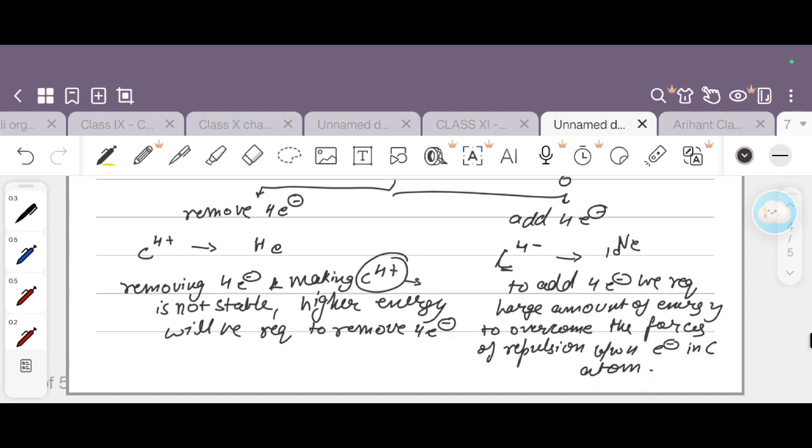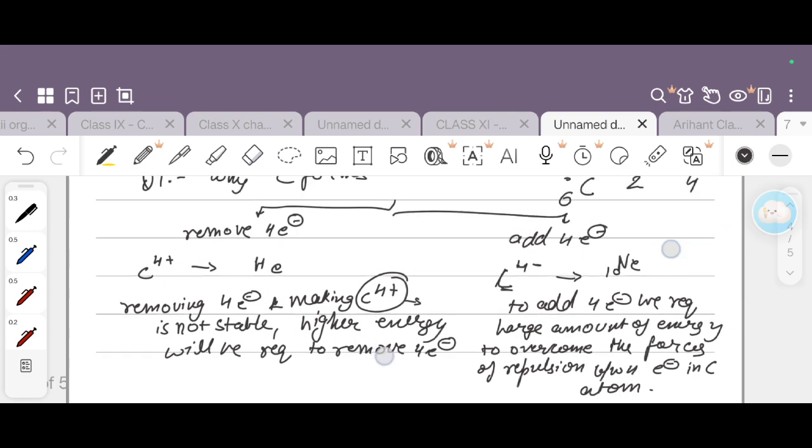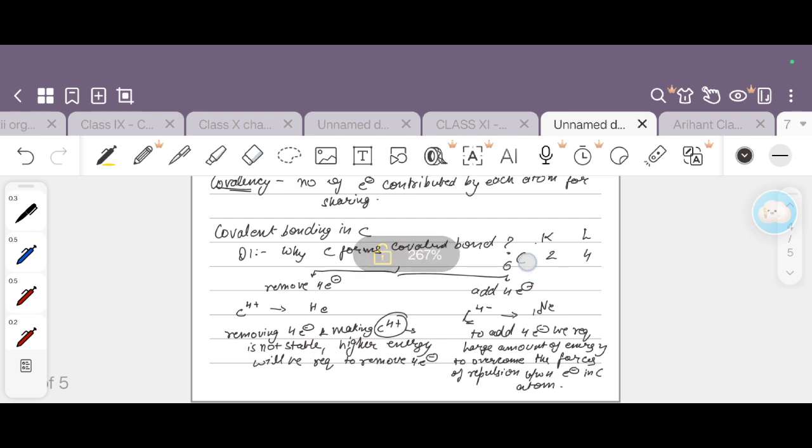So these are the two reasons why carbon does not form an ionic bond, why only the covalent bond is formed here.